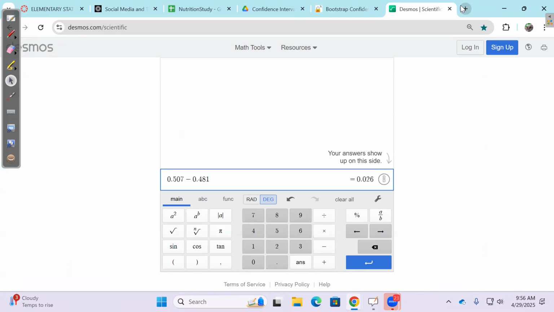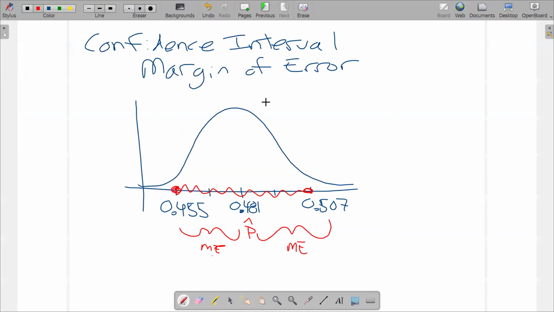That gives me a margin of error of 0.026, which makes sense because we were using 0.013 before. And then 0.481 minus 0.455 — this one's going to be symmetric because of the way we calculated it. That's nice. That gives me 0.026. So this one came out good because of the way we set it up, but it's not always going to come out that perfect. So on either side, I'm getting 0.026 for the margin of error.